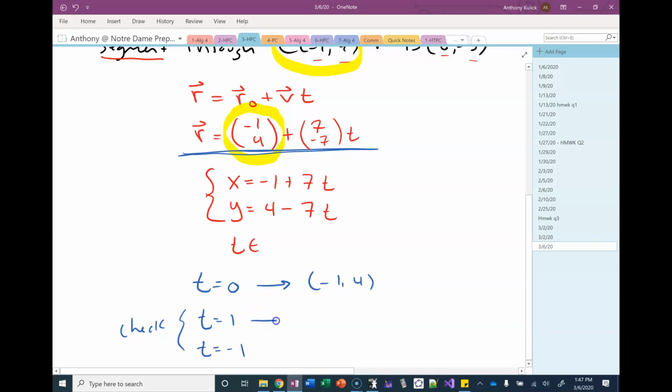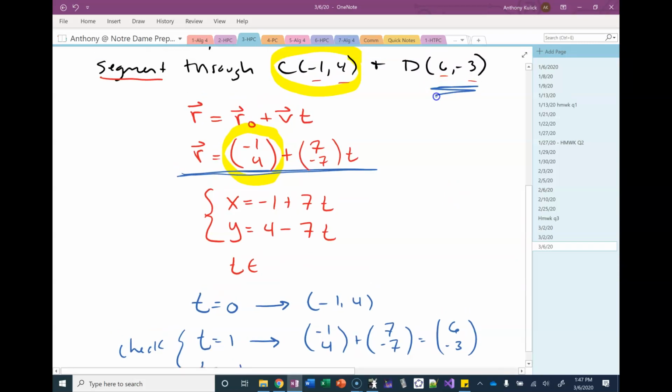So if t equals 1, I'm going to get -1, 4 plus 7, -7, which gives me the vector 6, -3. Is that what I want? Yeah, it is, right? Great. So that's what I need. So what's my interval of t going to be? 0 to 1.